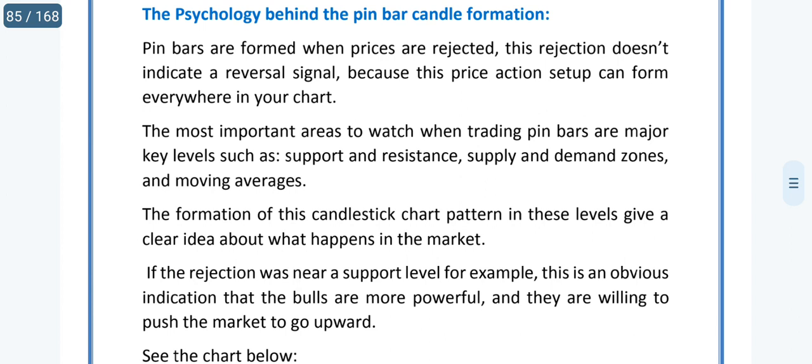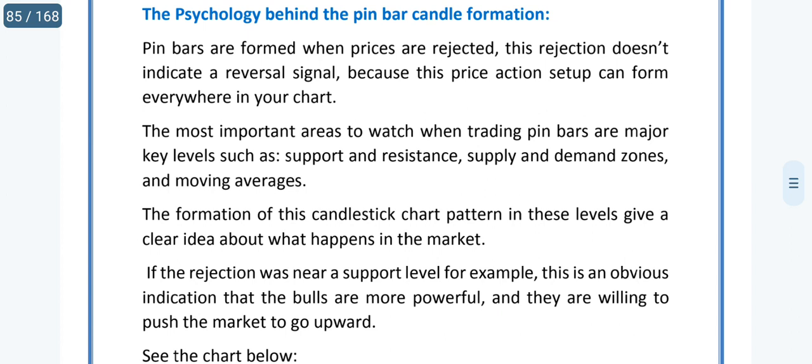I think you can observe this in your daily charts, the weekly charts, and the most important areas where you can watch when trading the penny bars at the major key levels, or what we call the support and resistance levels. Of course, the penny bars form when the prices are rejected, and our rejection points or the turning points are what we call the support and resistance levels.